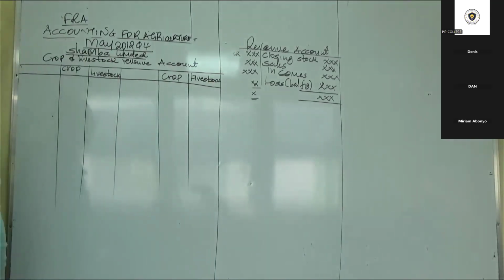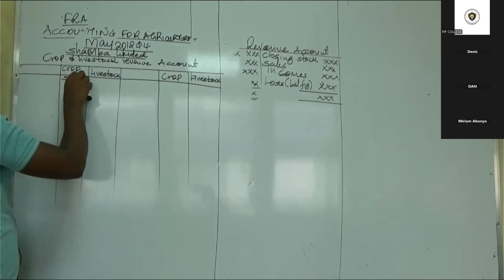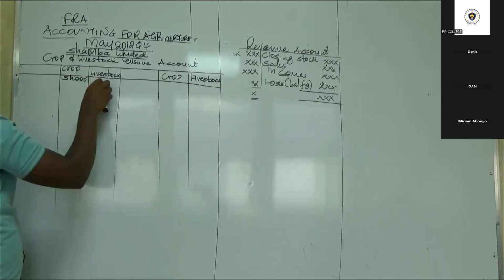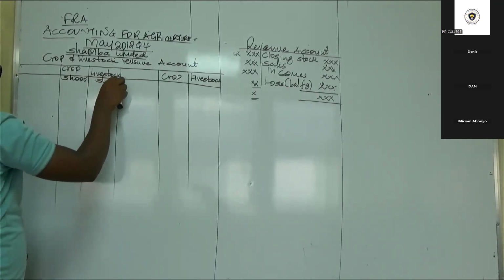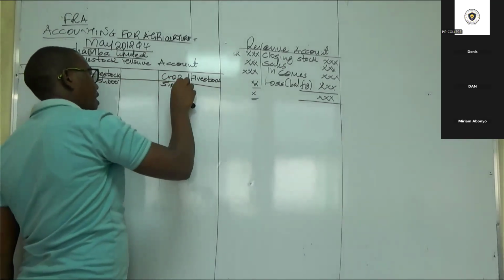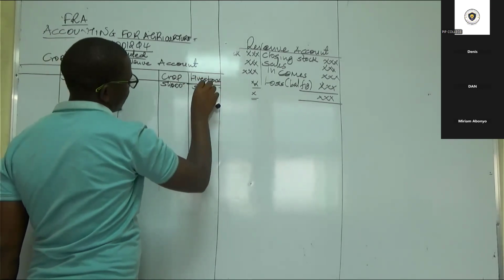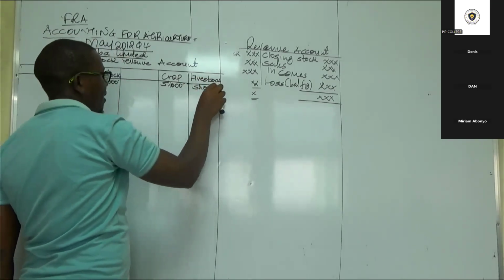The shillings are in thousands, so I will use them in thousands. So we begin.